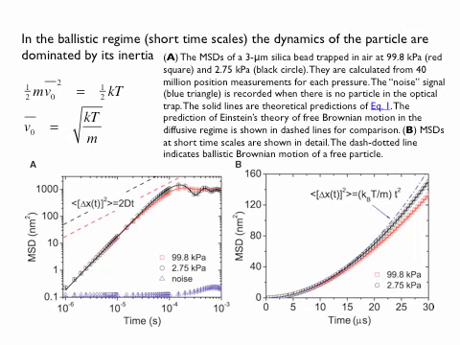So what did these guys do? They basically took a 3-micron sized silica particle and they trapped it in air with an optical trap. So with an optical tweezer, a laser beam, you can basically grab a particle. So they trap it in air and they measure its displacement.